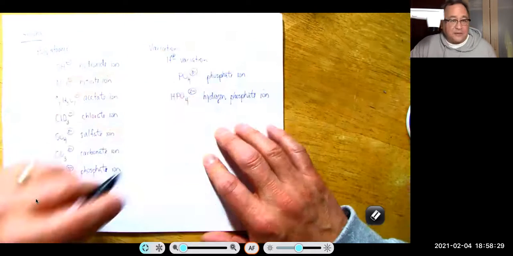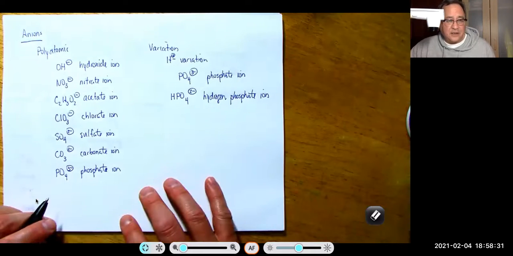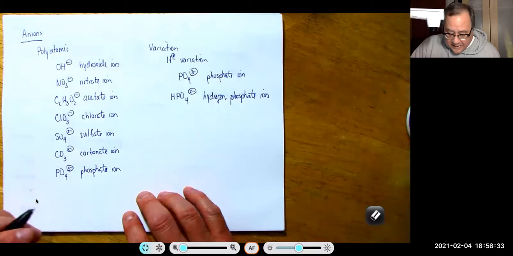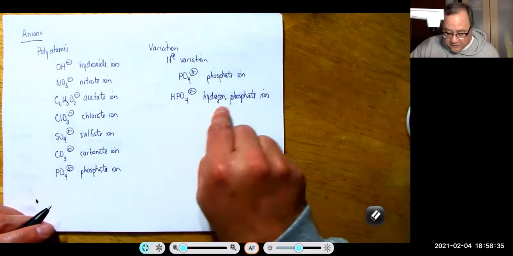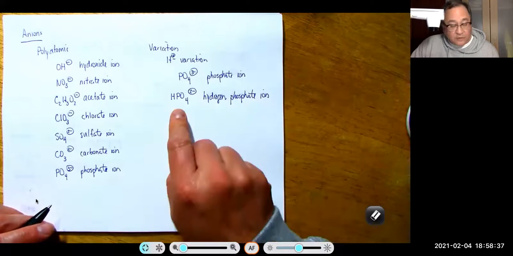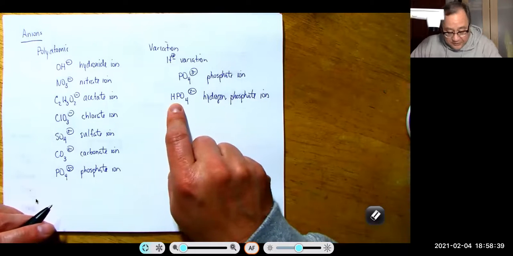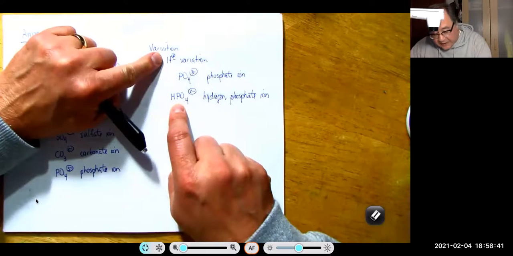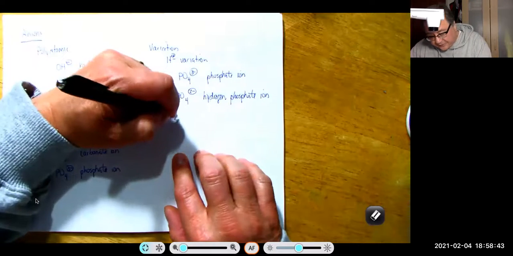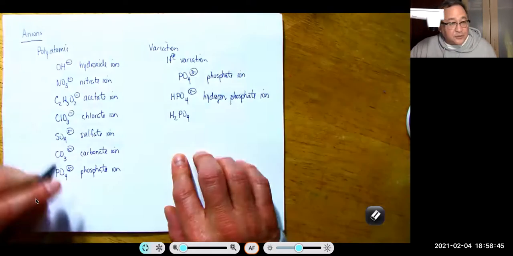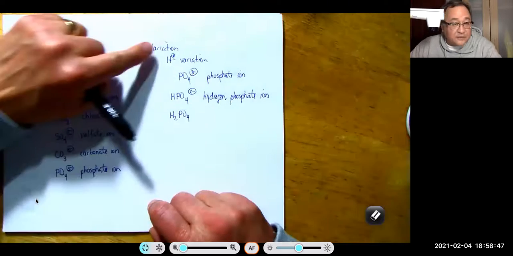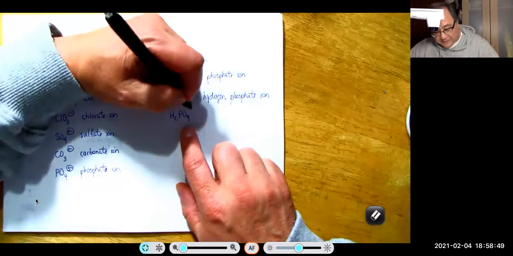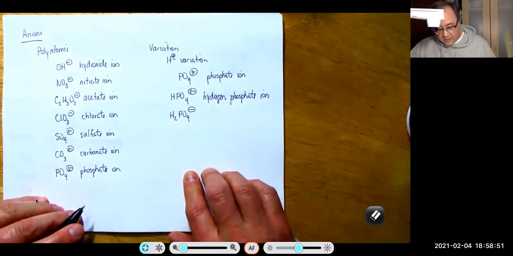So you should know that one. What happens when we add an H plus to hydrogen phosphate ion? If we add an H plus to this, we now get 2 hydrogens. What happens to the charge between +1 and -2? It becomes -1. What do we call it?